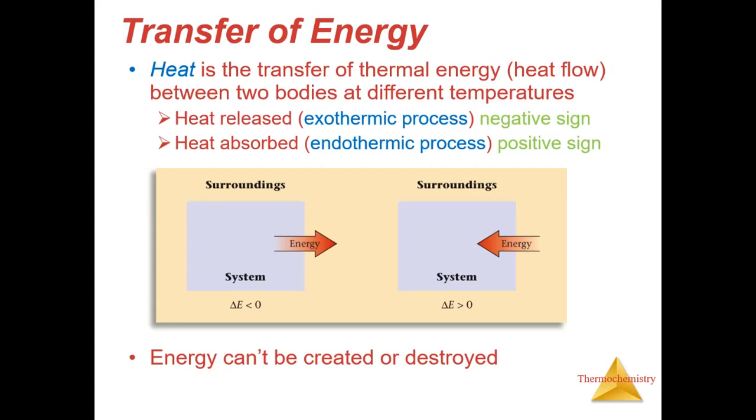So you, as part of the surroundings, have increased your energy. You are absorbing that energy. Your process was endothermic. The skillet lost the energy. Its process was exothermic. It has a negative sign. You gained energy. You have a positive sign. Remember, we can't create or destroy energy.